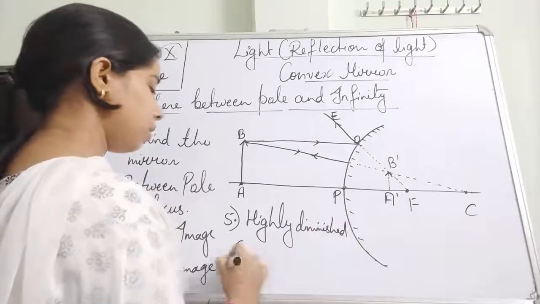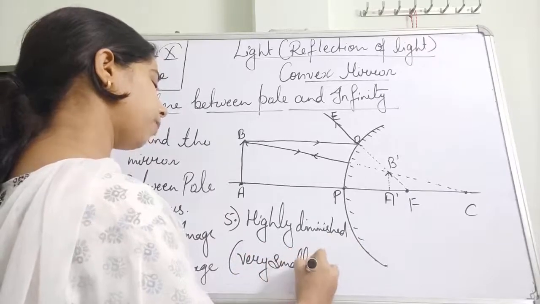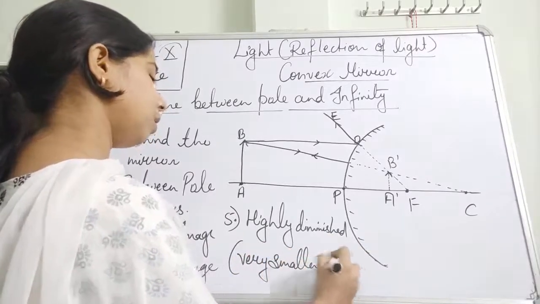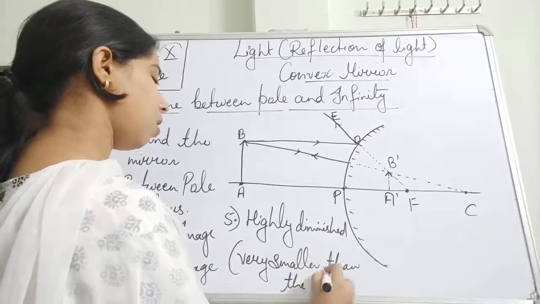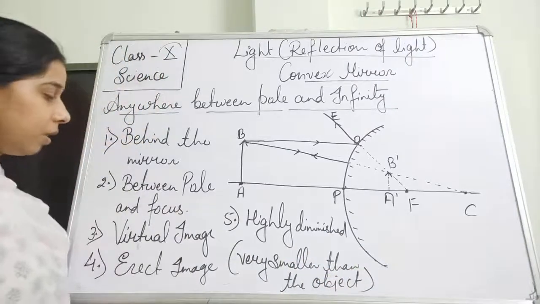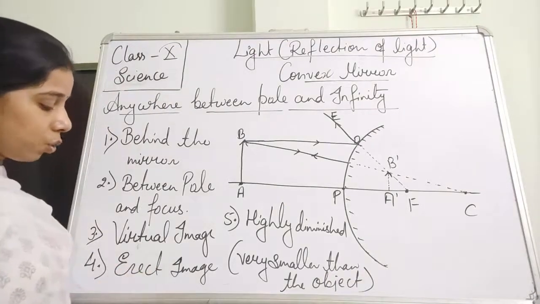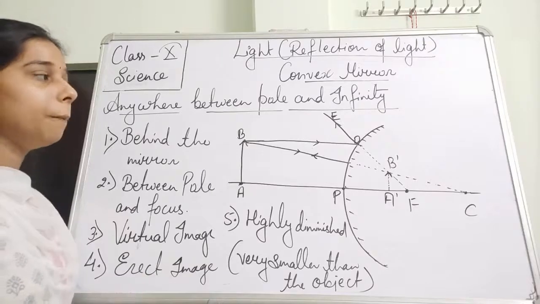Highly diminished means very much smaller than the object. Okay. Behind the mirror, between pole and focus, virtual and erect image, and highly diminished.